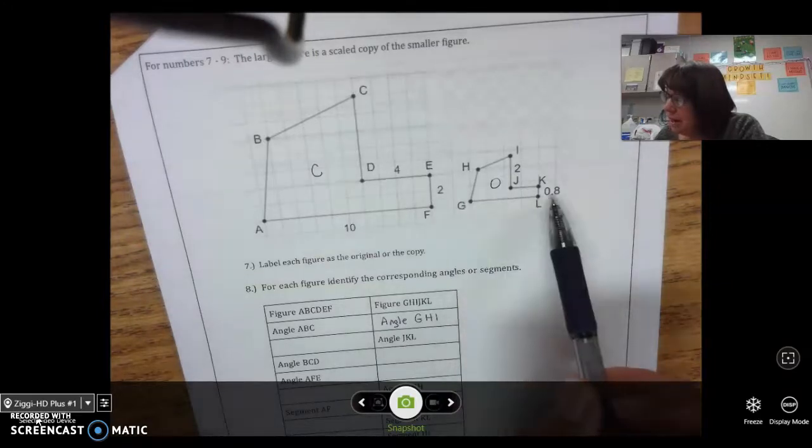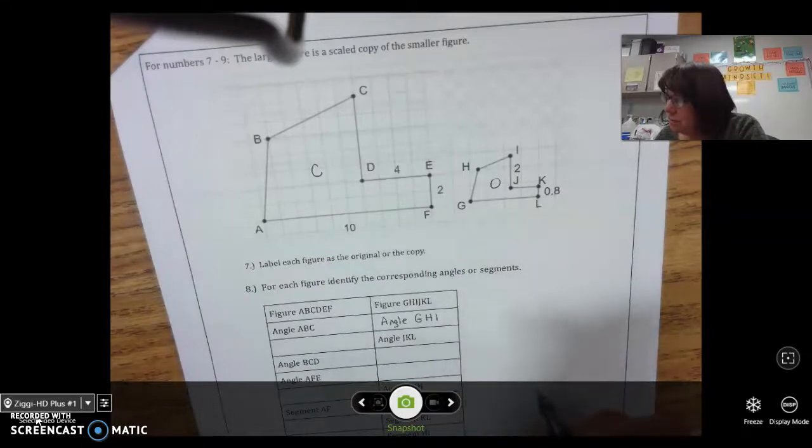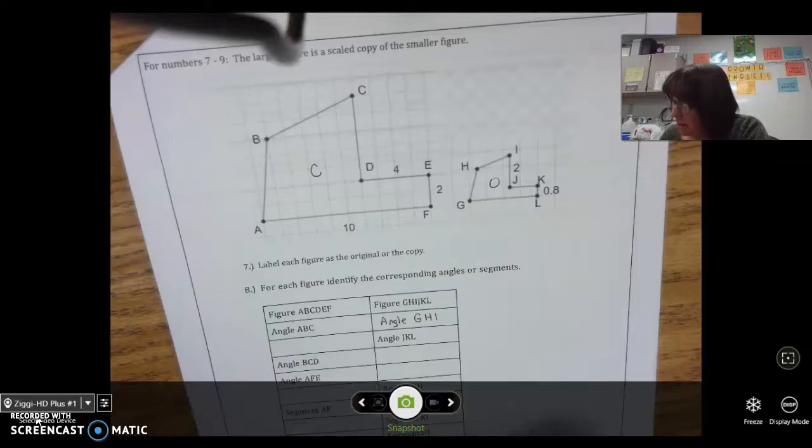We have 0.8 and we have 2. So I can do copy was 2. The original was 0.8. 2 divided by 0.8 is 2.5. That is my scale factor.